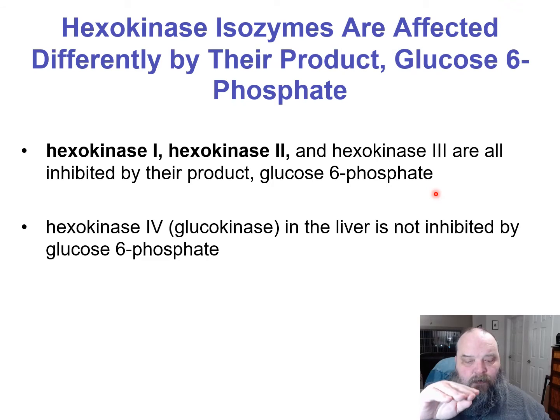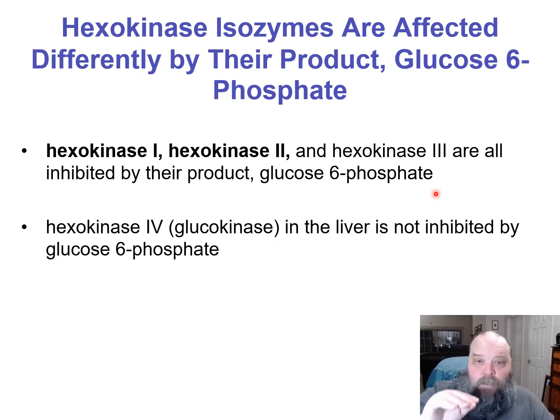But as those levels drop below a threshold, the activity rate of hexokinase 1, 2, and 3 will increase. When G6P goes back up again, they slow down. When it drops, they speed up. So they're always there, it's just how quickly they're working that will be variable.